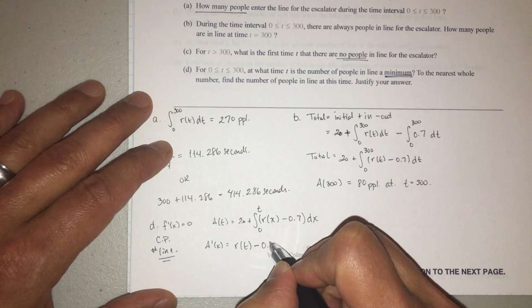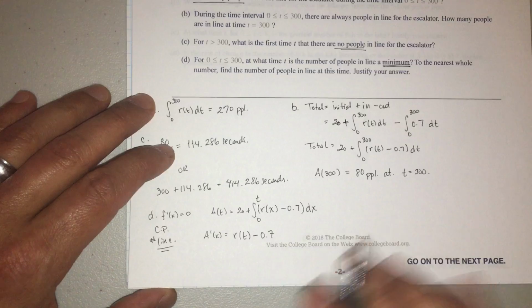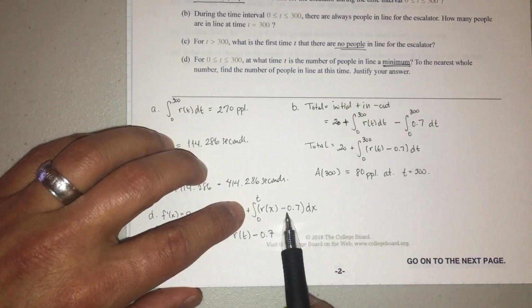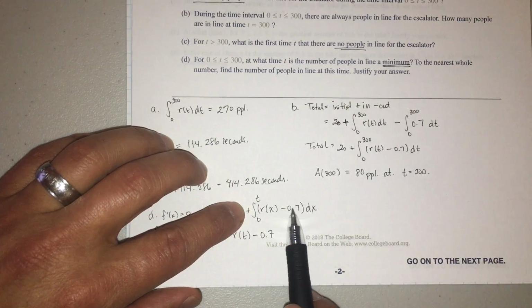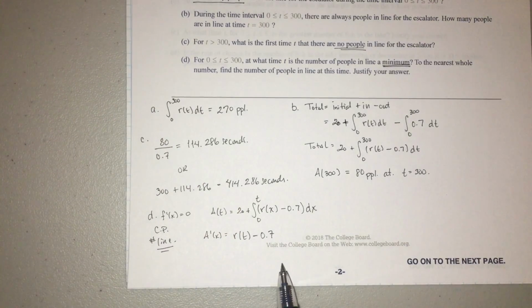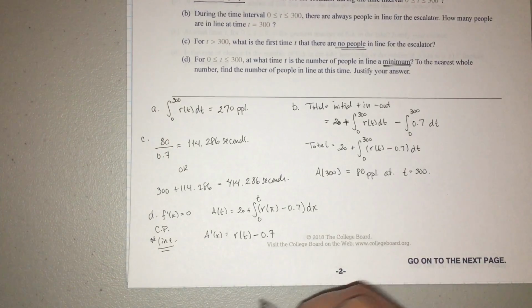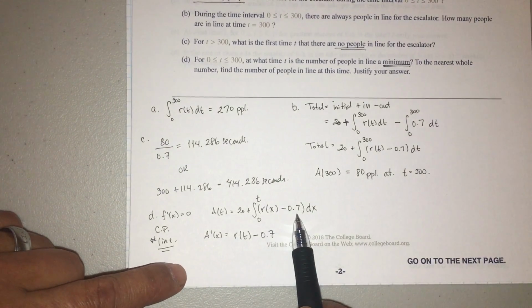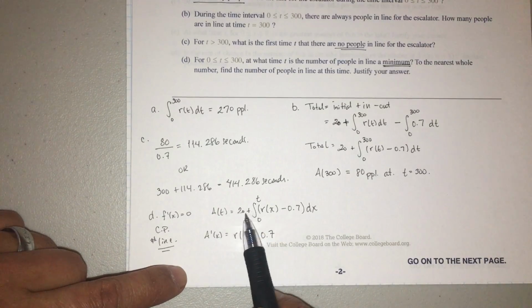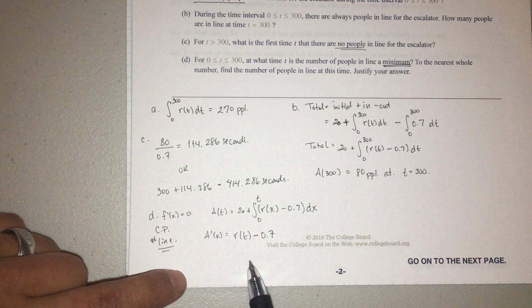Because remember, the derivative and the integral undo each other. If I take the antiderivative of 0.7, it becomes 0.7t. If I take the derivative of 0.7t, it becomes 0.7. So be careful with that. The derivative and the antiderivative, the integral, cancel each other out. So you're just left with r of t minus 0.7.